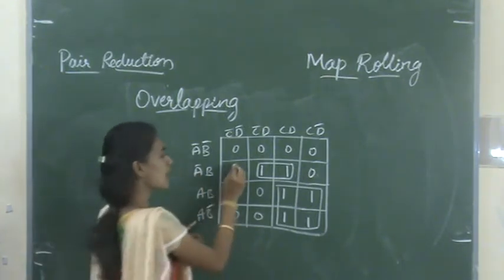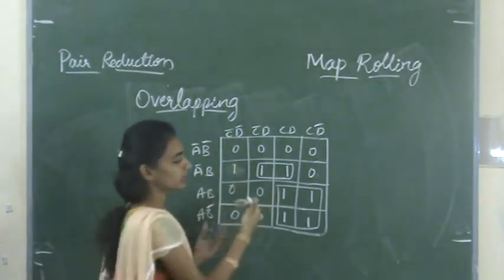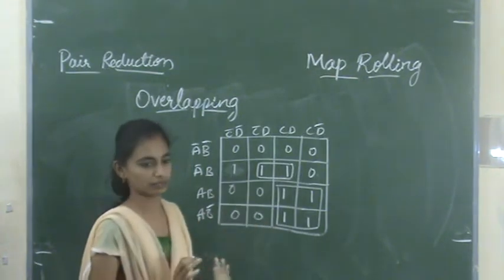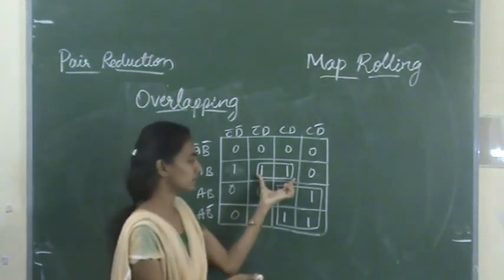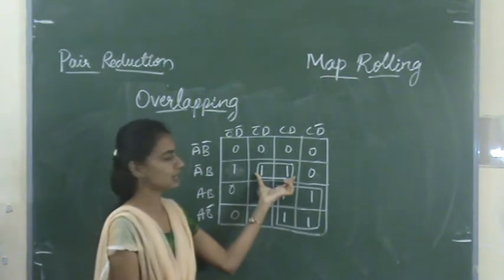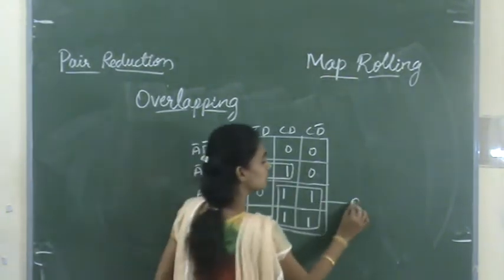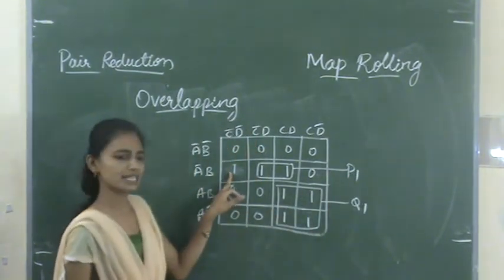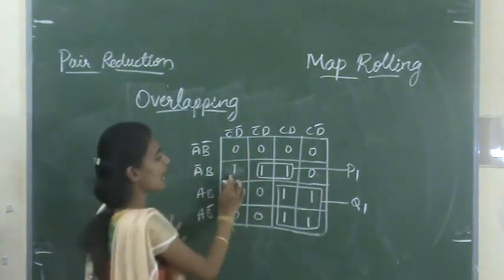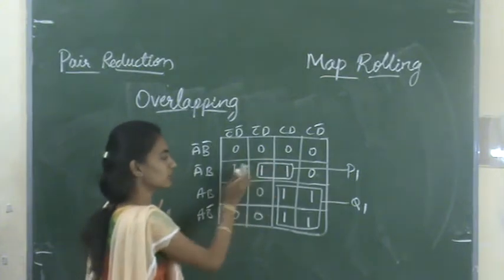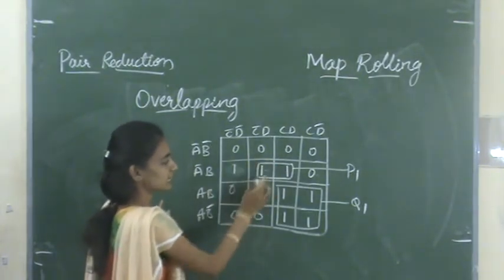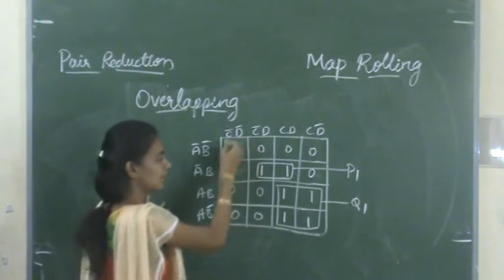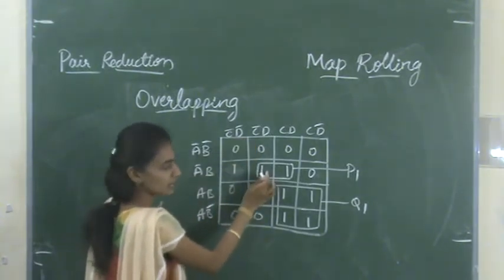This has to be encircled with other ones. Suppose I am encircling these 2 ones as a pair. So this is 1 quad and this is 1 pair. This one is left out, so it has to be encircled with any adjacent ones. Suppose here we have one encircle. No, I have one here.